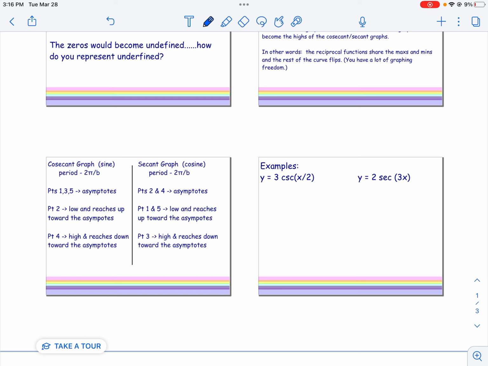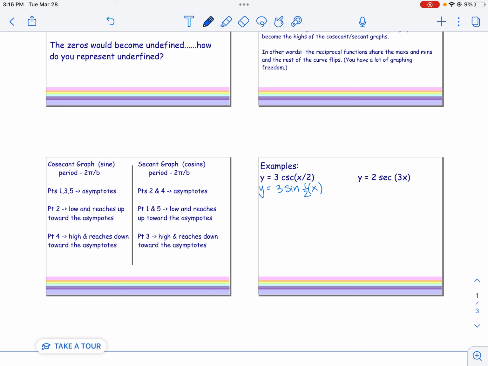So the first thing we need to do is y equals 3 cosecant of 1/2 x, and we're going to write this as 3 sine of 1/2 x, as many of you have seen or have discovered in your graphing of sine and cosine functions.